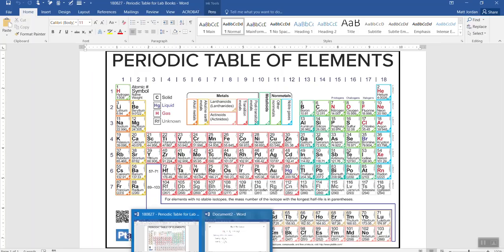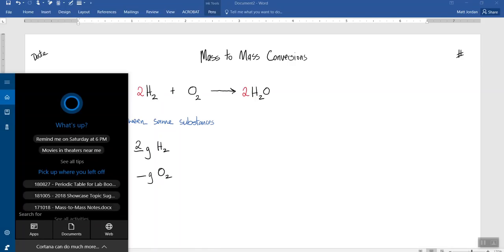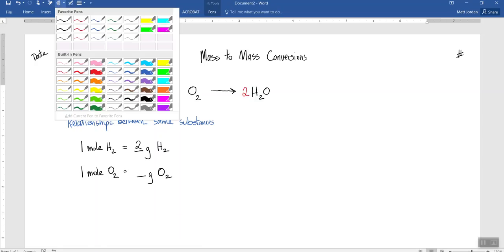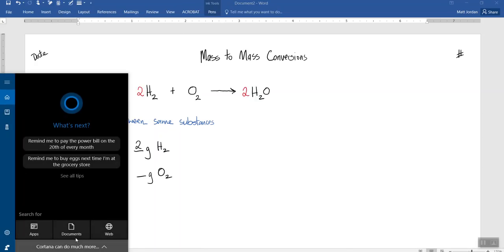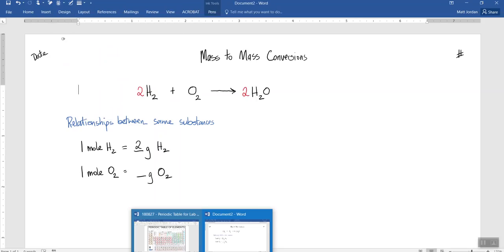So if I have two oxygens, like in this reaction, 16 plus 16 would give you 32 grams of oxygen. So 1 mole of oxygen would equal 32 grams of oxygen.